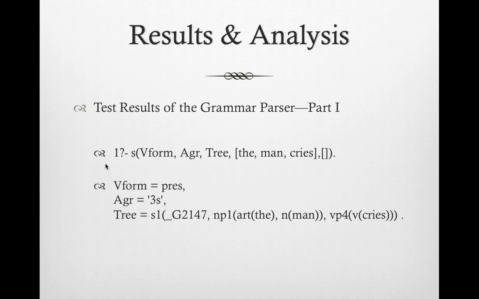Here the input is the man cries, and the output will be the tree structure of the input sentence. Here we can see that the sentence is composed of a noun phrase and a verb phrase, and the noun phrase is composed of an article and a noun.